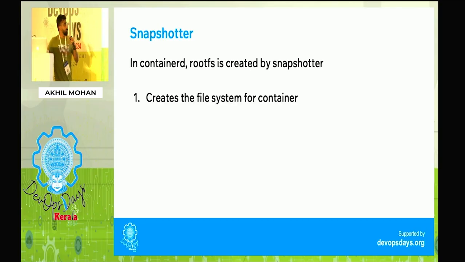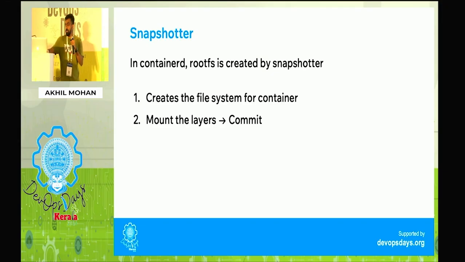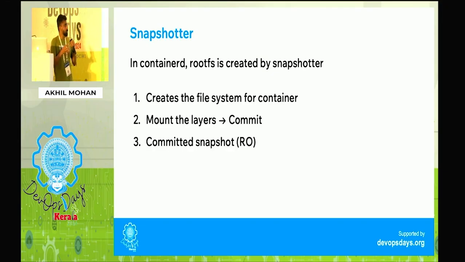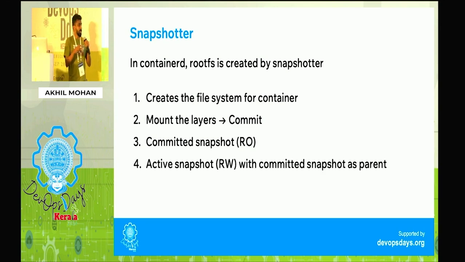It mounts each layer and then creates a read-only snapshot. Once you run the container process, an active snapshot is created, which is a read-write file system on top of the committed snapshot. All the writes that happen inside your container will be done in the active snapshot.